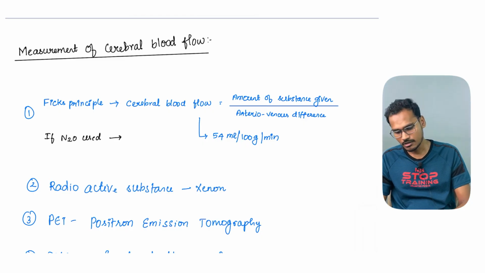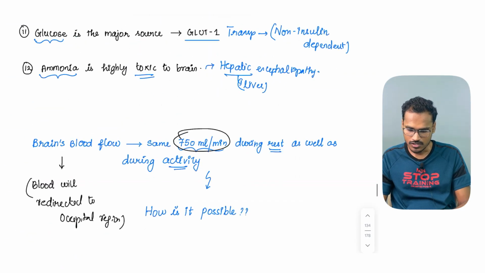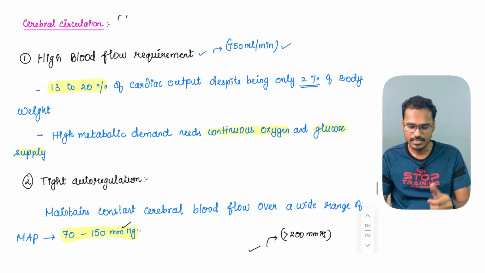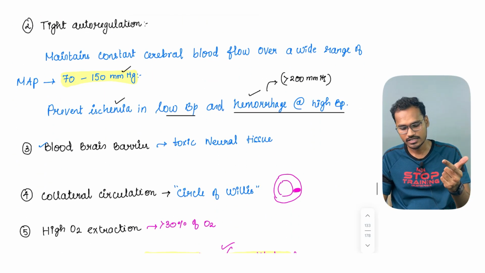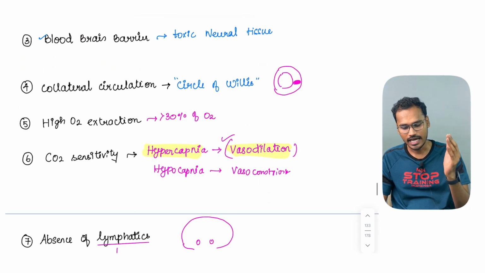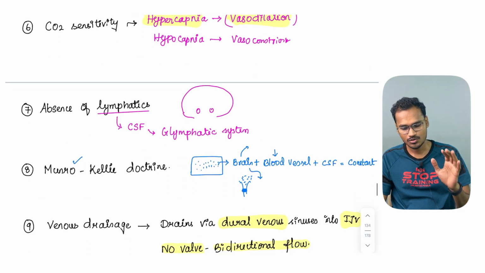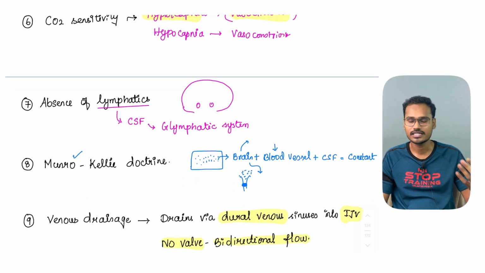Next, there are some methods to measure blood flow. A quick recap of the headings: the first one is that the brain has a high blood flow requirement and tight autoregulation. Then there is the blood-brain barrier, then collateral circulation, then high oxygen extraction, then it is highly sensitive to CO2 as well as ammonia. Then there is no lymphatic present, whereas in other organs the lymphatics are present.